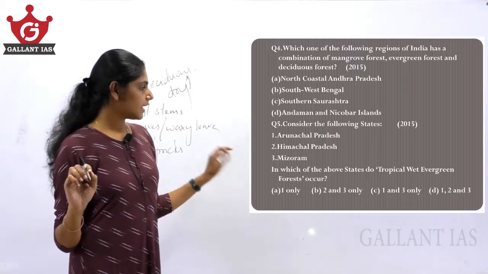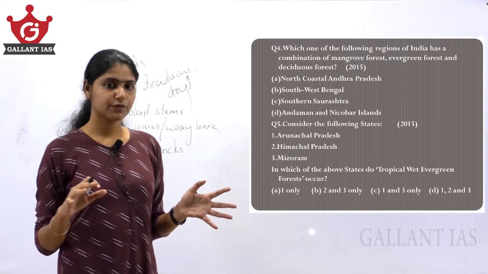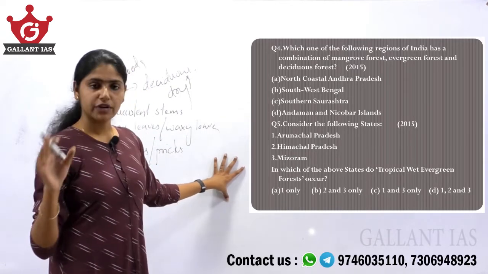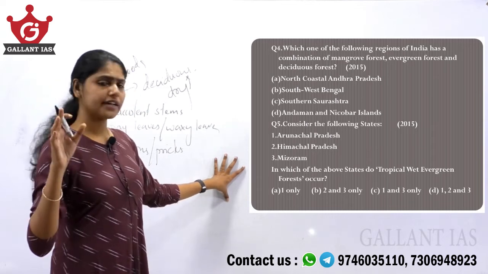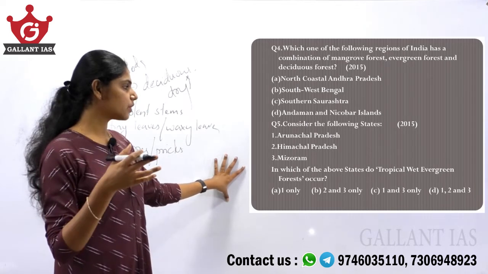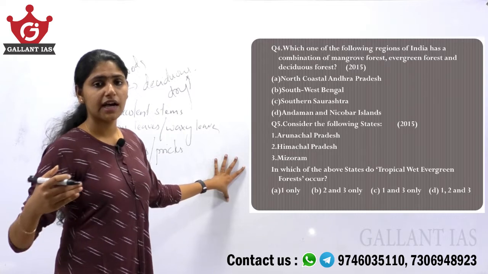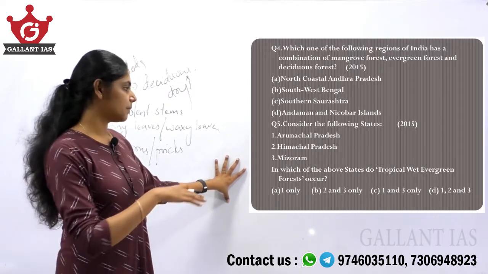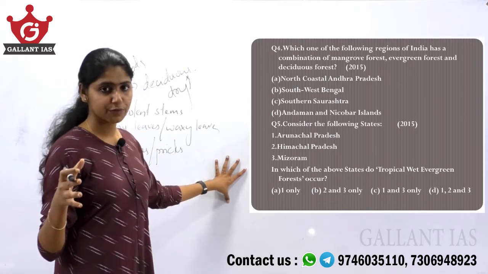So here it is asking about where tropical wet evergreen forest is seen. So it is in the northeastern states of Arunachal Pradesh and Mizoram and Assam, Nagaland, Manipur, and also in the southern states like Kerala, Karnataka and Tamil Nadu, you can see this particular wet evergreen forest.